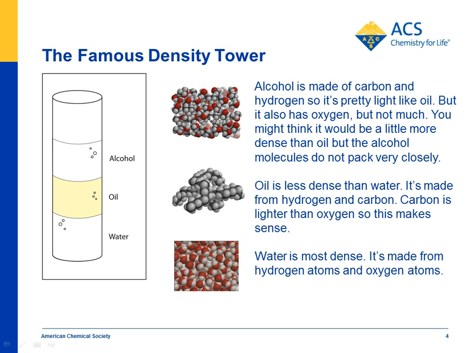Now alcohol, instead of being like oil made of hydrogen and carbon, it's made of hydrogen and carbon and some oxygen. So you'd think that maybe alcohol would be a little more dense since oxygen is a little bit smaller than carbon and a little bit heavier, but alcohol molecules don't arrange themselves in a very compact way. So in the end, alcohol is actually less dense than oil.